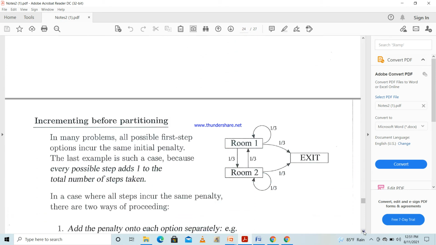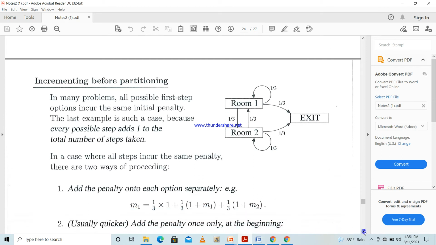So in this case, now when we want to find the expected number of steps using the first step analysis, what we did here was, when we applied this first step analysis to every possible option, we added a penalty when we take a step.